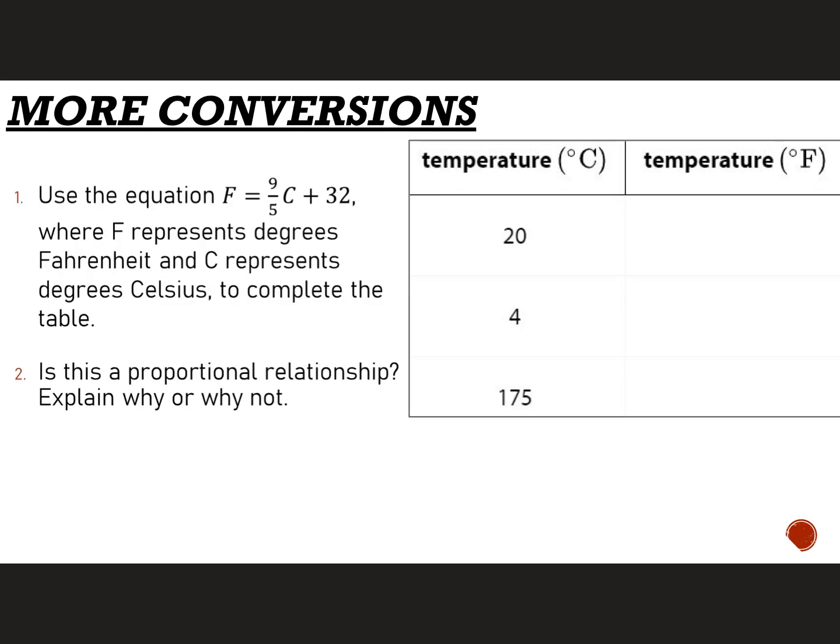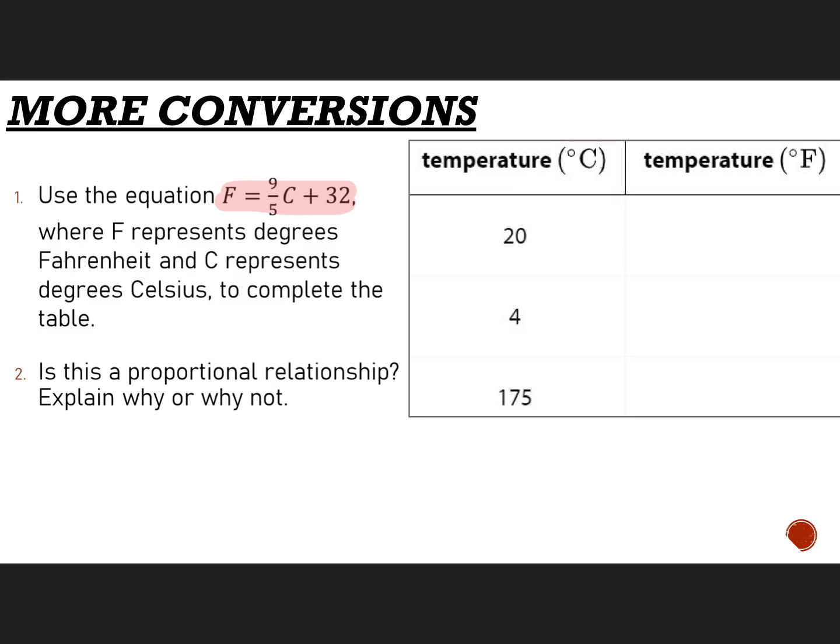For this first example, we are going to use the equation F equals 9/5 times C plus 32, where F is the degrees in Fahrenheit and C is the degrees in Celsius, and we're going to complete the table.